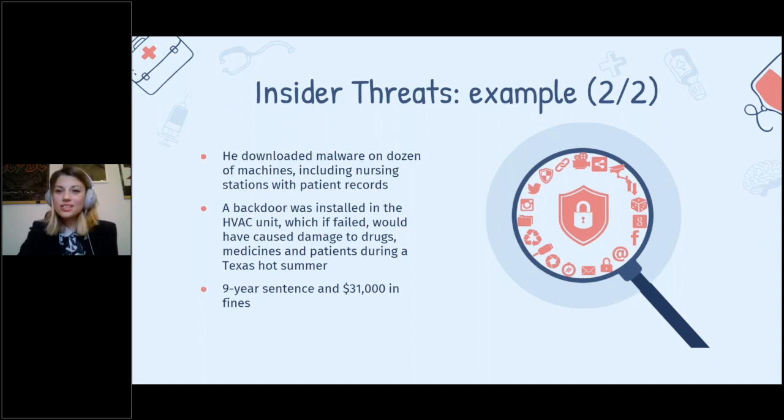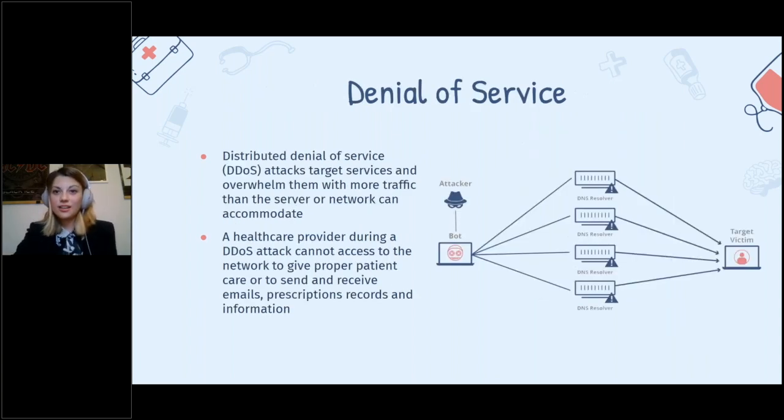Additionally, he also installed a backdoor in the heating, ventilation, and air conditioning unit, which if failed would have caused damage to drugs and medicines and affected the hospital's patients during the hot Texas summer. McGraw pled guilty to computer tampering charges, and he is serving a 9-year sentence in addition to paying $31,000 in fines.